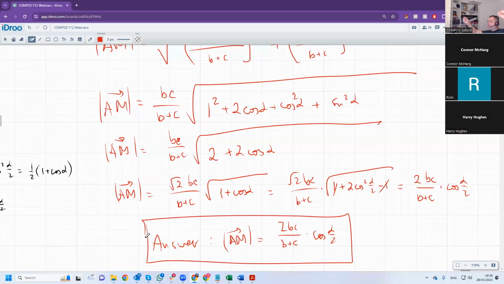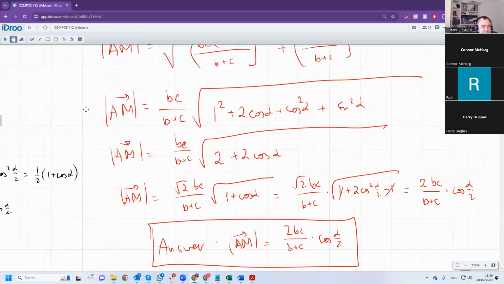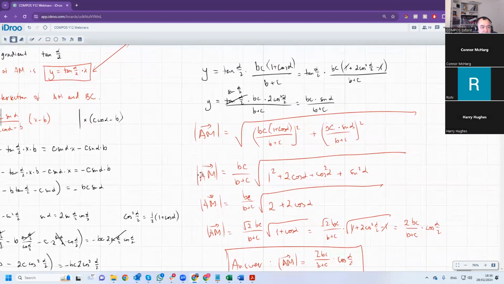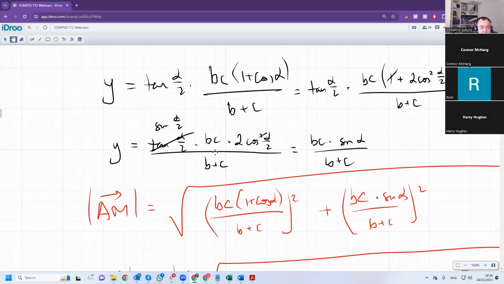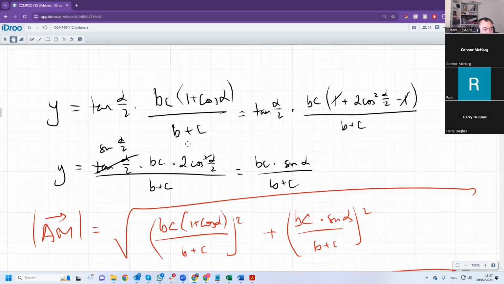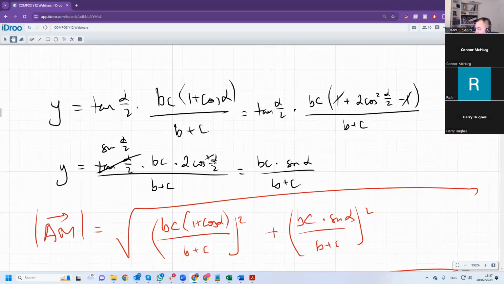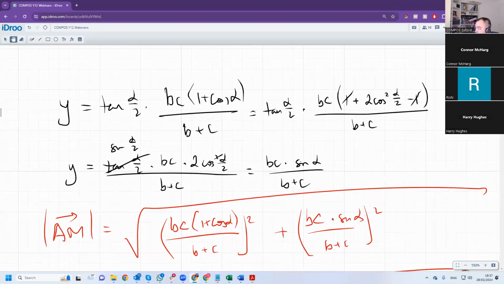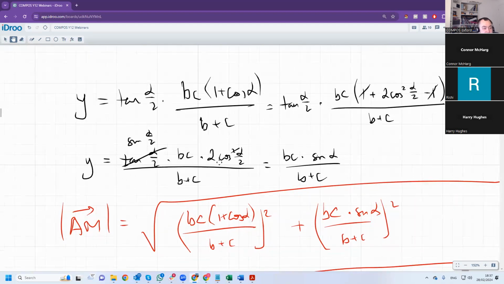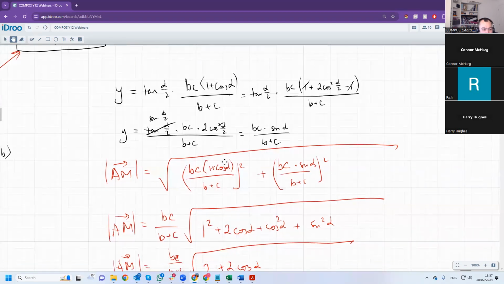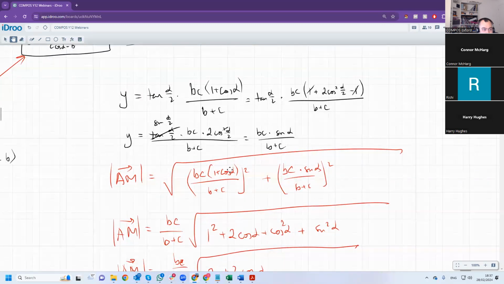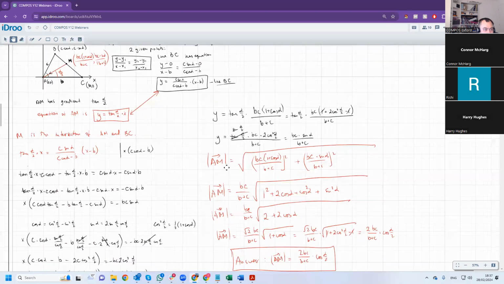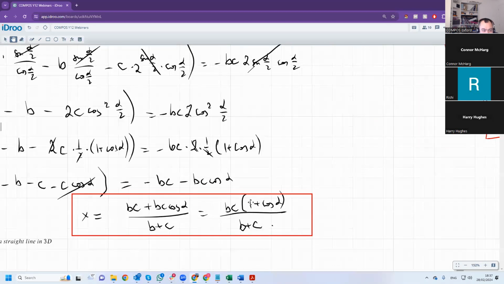Okay, a question with the y coordinate. No, because it cancelled. The cos alpha over 2 cancelled with the cos squared alpha over 2. So the question is, should there be cos alpha over 2 in the numerator? But I have 1 plus cos alpha.